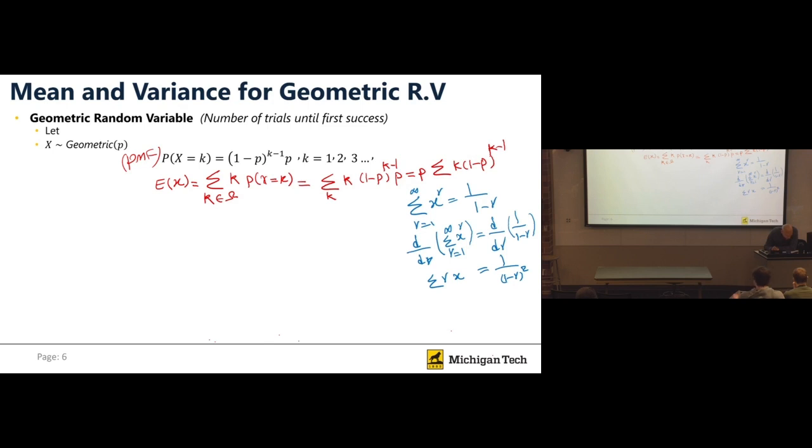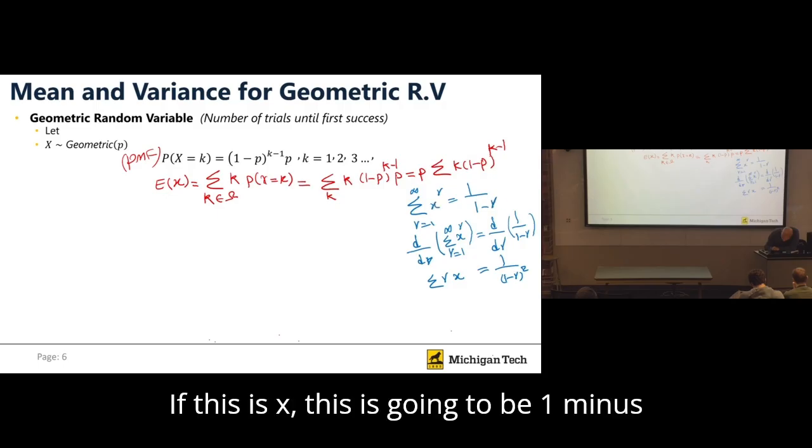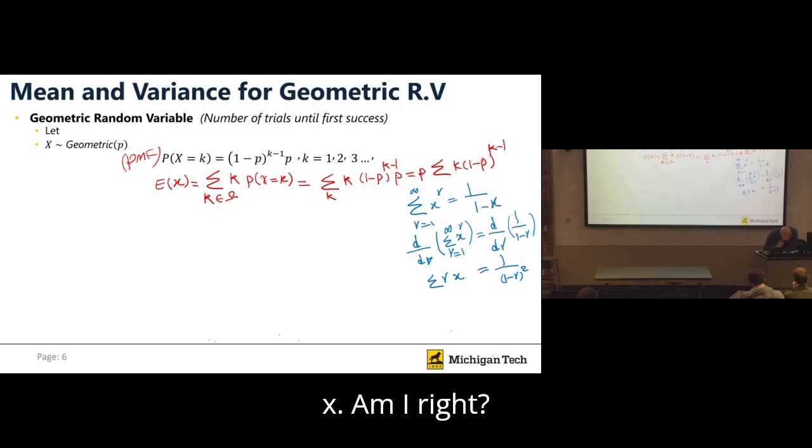Oh, I think I messed up. This is r. Actually, if this is x, this is going to be 1 minus x. Am I right?